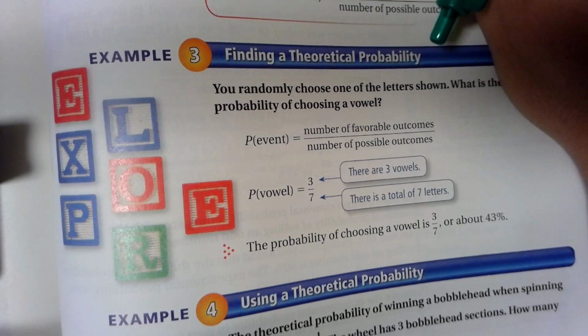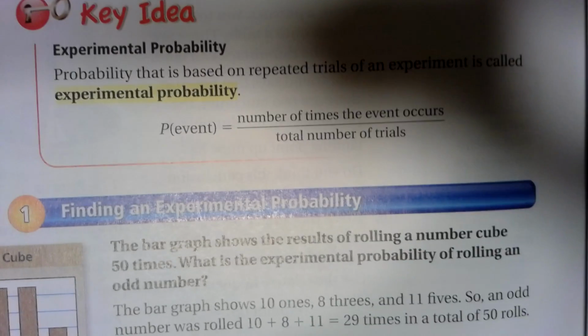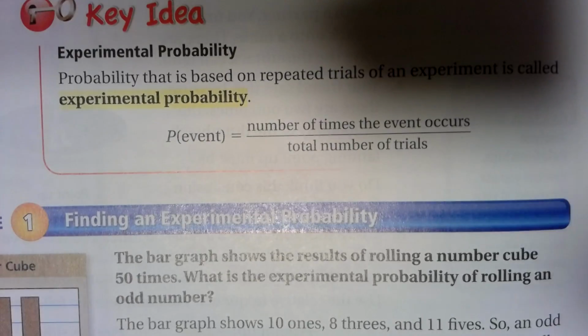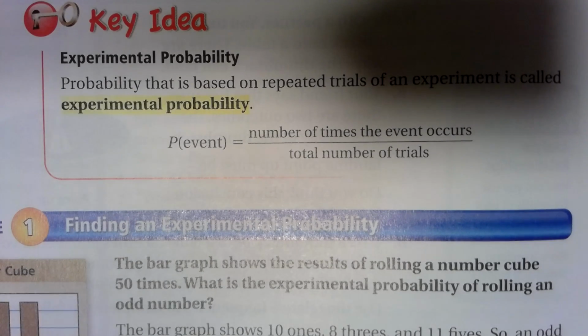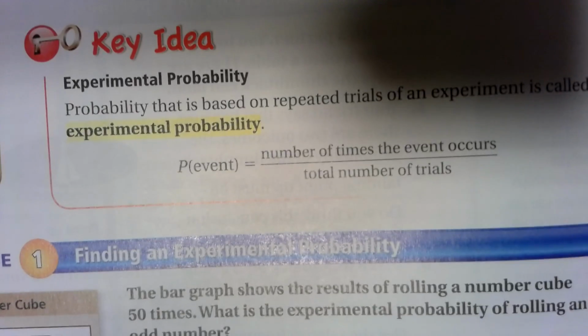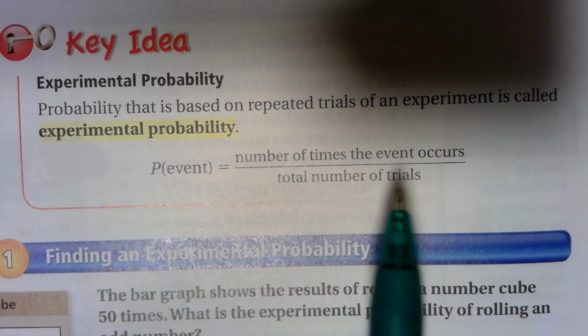All right, so experimental probability is different in that it's based on what actually happens when you do the experiment. Here's our definition. The probability that is based on repeated trials of an experiment is called experimental probability. That's the number of times that the event occurs divided by the total number of trials.